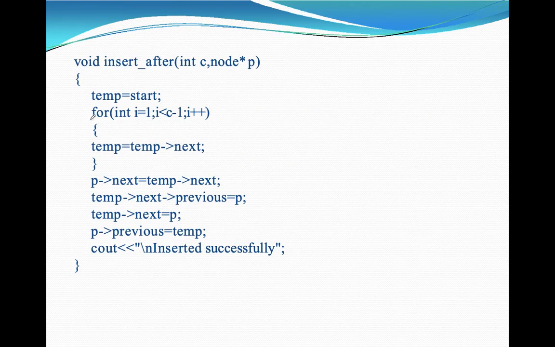So by using this for loop, you can check where you want to insert the new node, right?